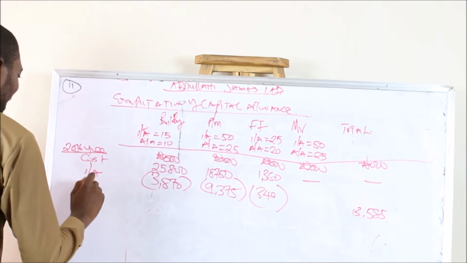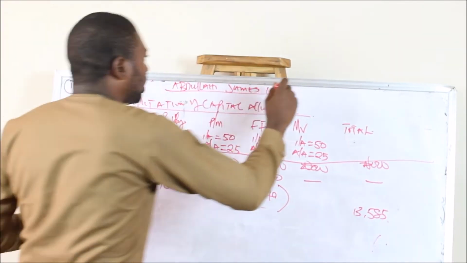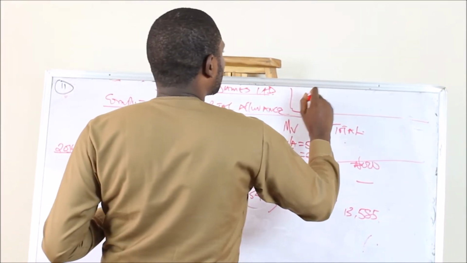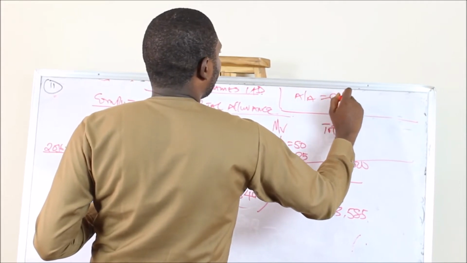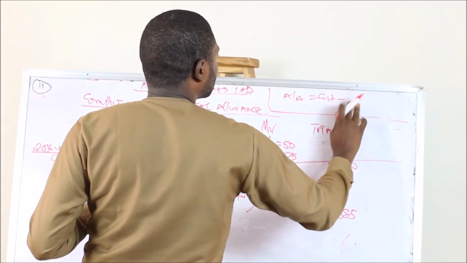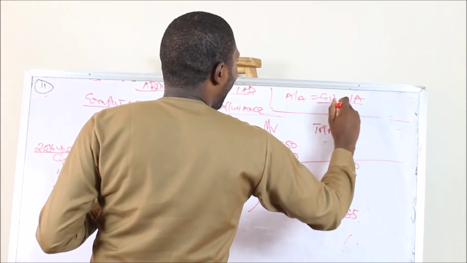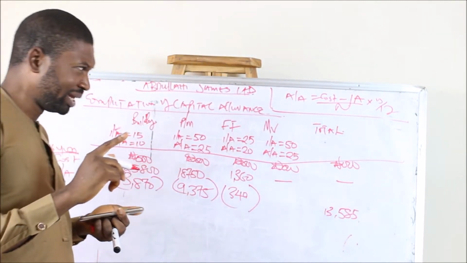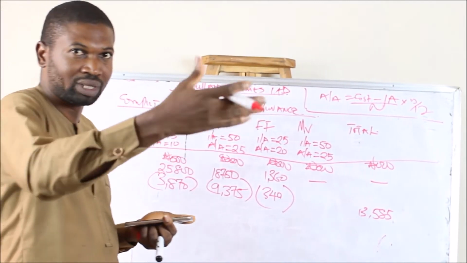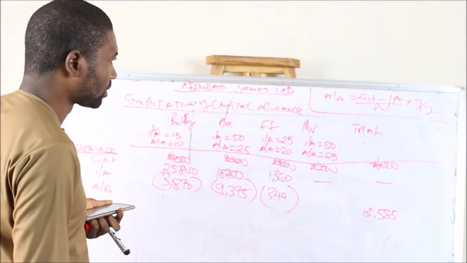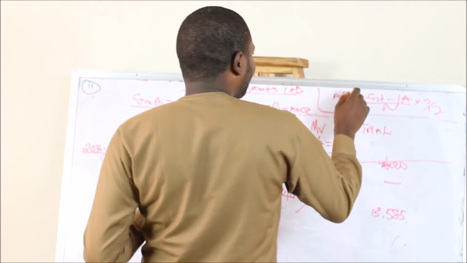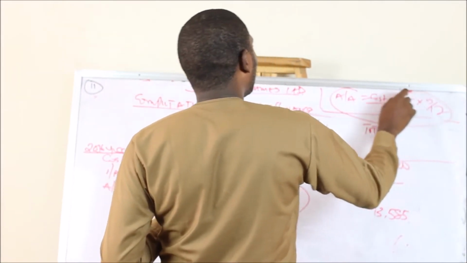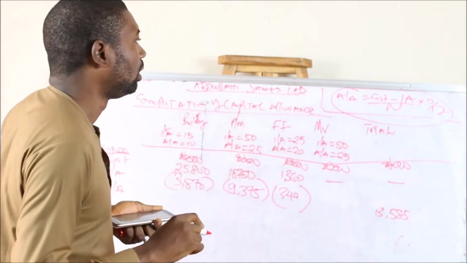So let's go and look for the annual. Remember, I told you the formula for annual allowance. I told you annual allowance is cost minus initial allowance over n times y over 12. And remember also we use straight line method to determine annual allowance, like a normal straight line method under depreciation. So when I say if the basis period is less than 12 months, we are going to apply this formula.